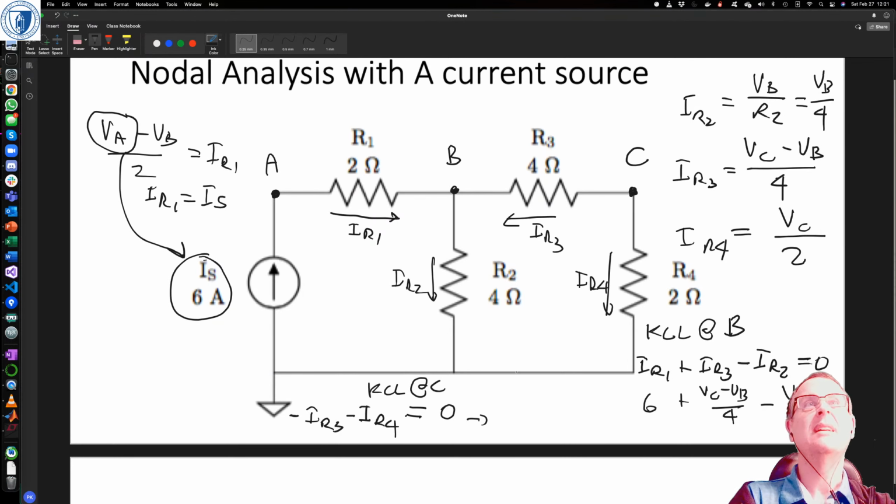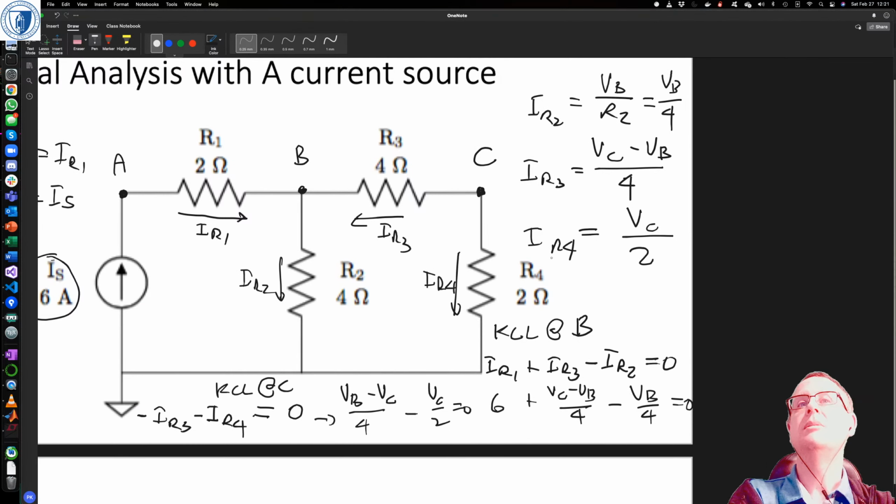And then we can write that down as minus IR3, I'm just going to swap to VB minus VC to negate it, on 4, and then minus VC on 2 equals 0.